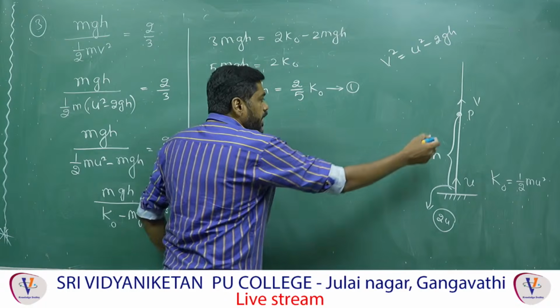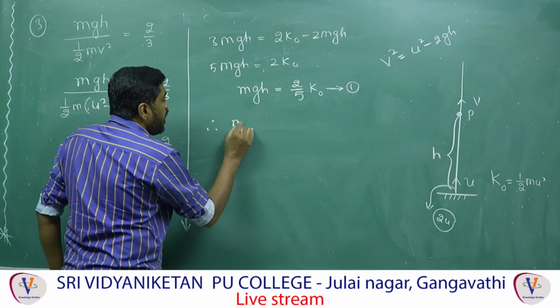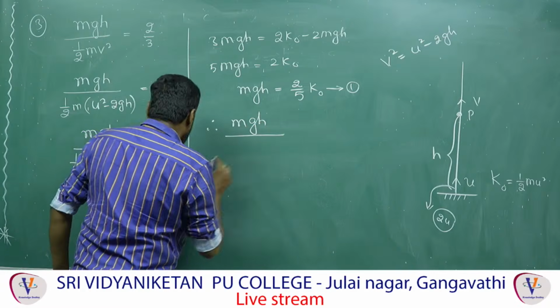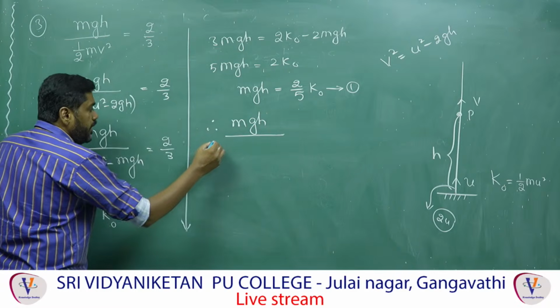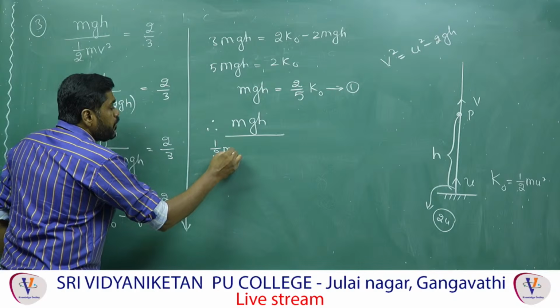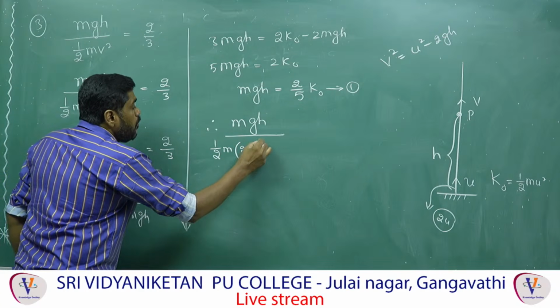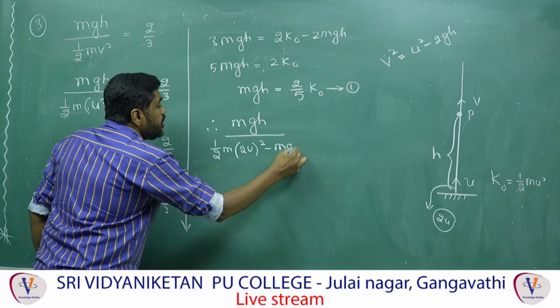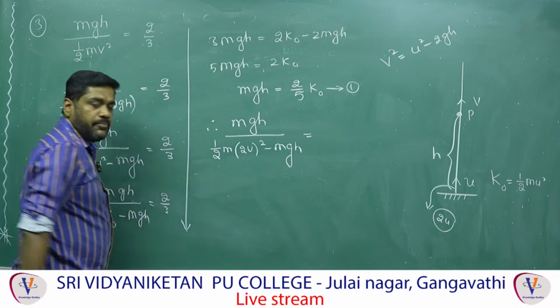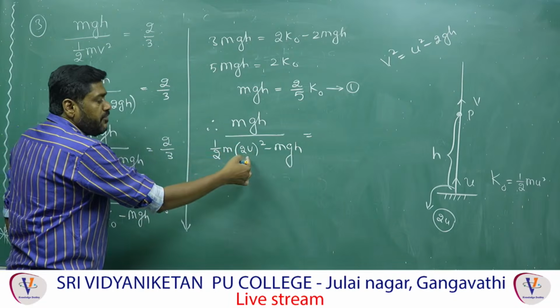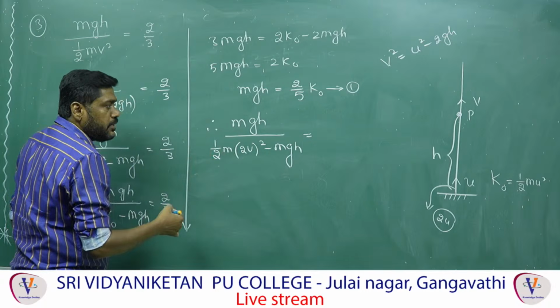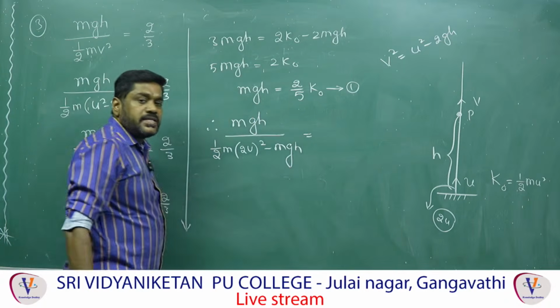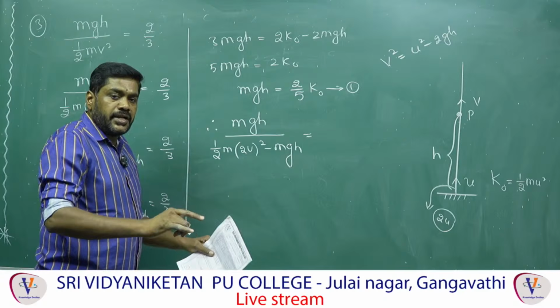Again at this point, the ratio they are asking, mgh by, I will use this principle only. What you can get is half m into 2u whole square minus mgh. This ratio only they are asking, the final ratio. When the speed of the particle becomes double at the point P, what is the ratio between potential and kinetic energy?